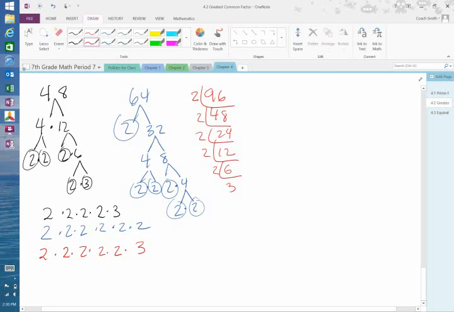Now the difference here is the prime factors must be common to all 3 prime factorizations.